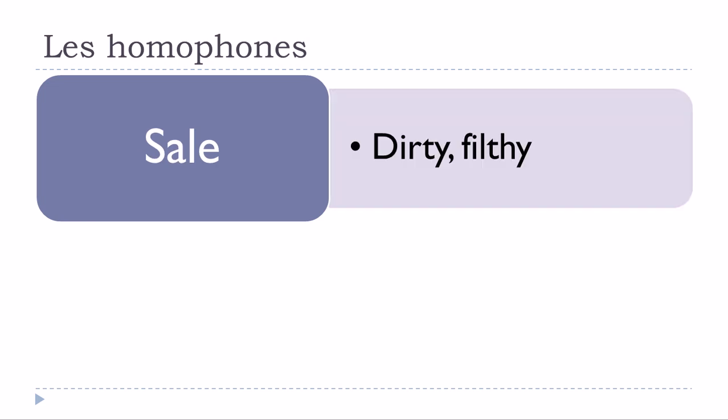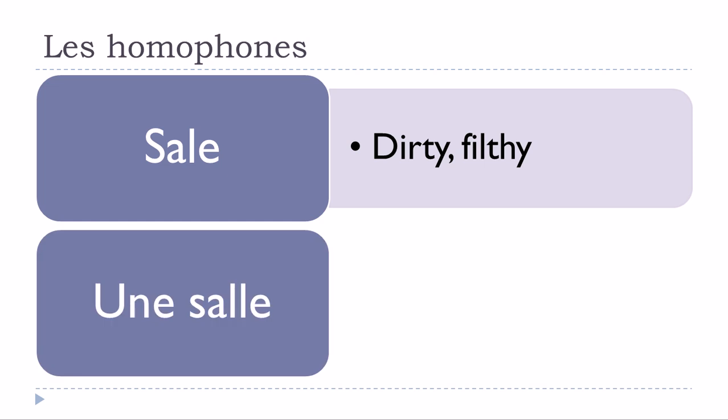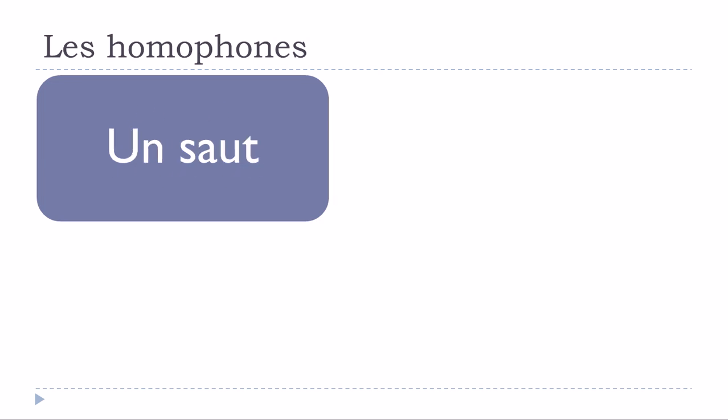Salle. Une salle. Okay, so even if you get the double L here, it will be still the same pronunciation as this one. So salle, une salle. So in that case, it's here, it's an adjective. Un seau.